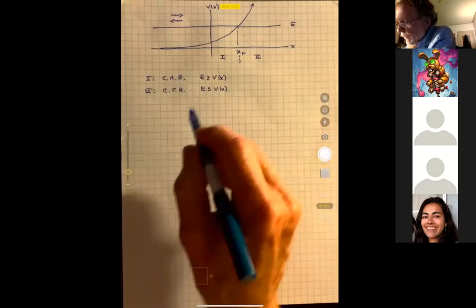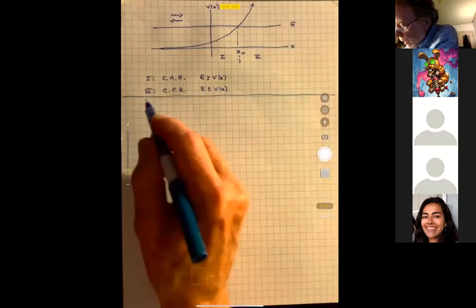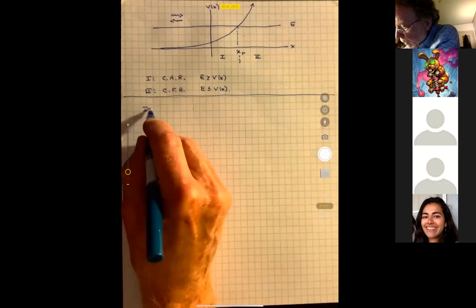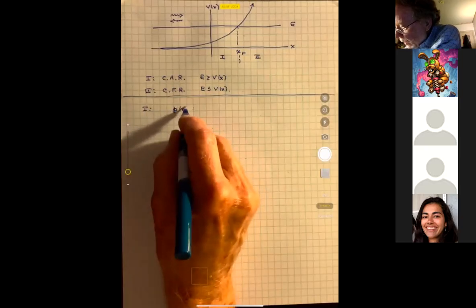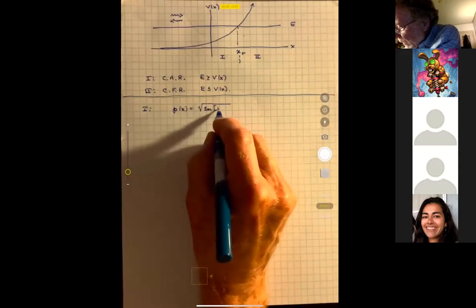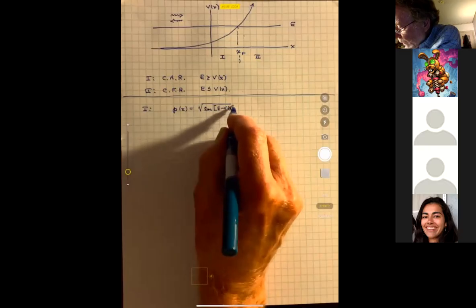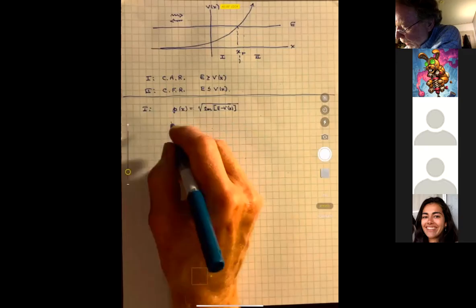We'll work in region 1 first, because that's mainly what we've done so far. So in region 1, let me summarize what we had before. We've got P of x equal to the square root of 2m times E minus V of x. I'm just copying things from an earlier page.